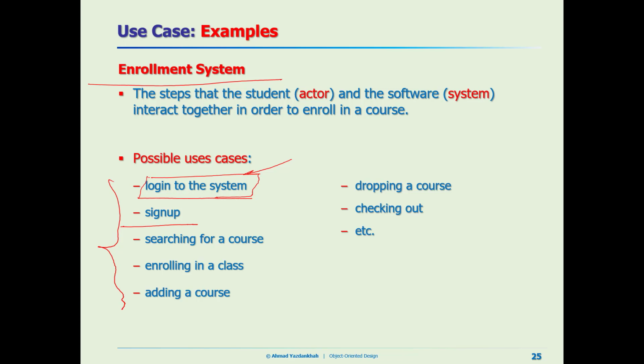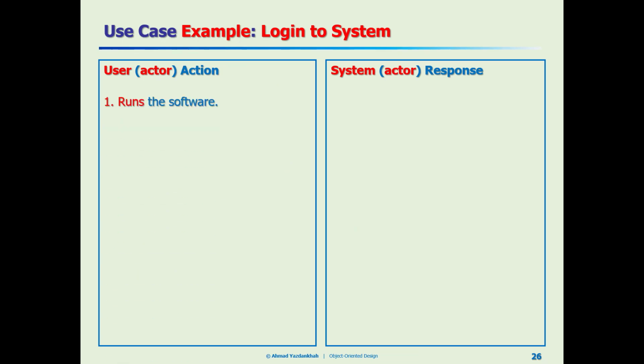All right. So let me take one example about this login to the system, and let's see how it works. So there are two parties here: the user, or here probably a student, and the system which responds, or the software. Both of them are actors. Okay.